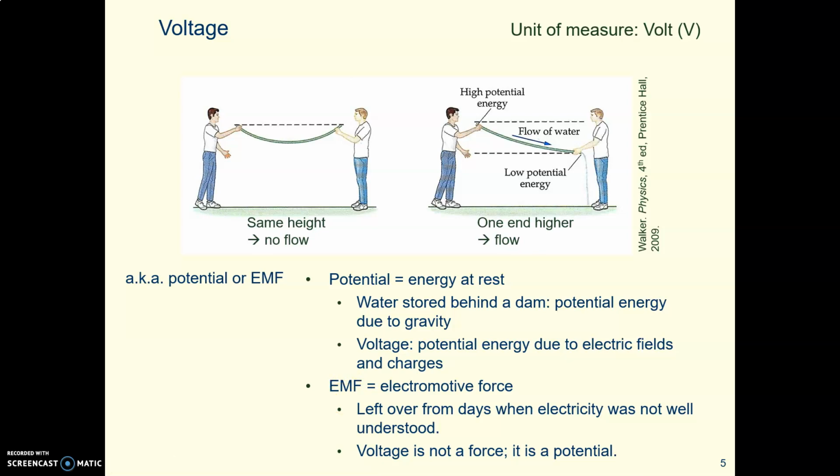It stands for electromotive force, and people used that term back when they didn't really understand much about electricity. We now know it's not a force, so it's not an electromotive force, but you will still see this, and a lot of electricians' handbooks will use E for voltage. But we're going to use V for voltage, and we're going to measure it in volts.